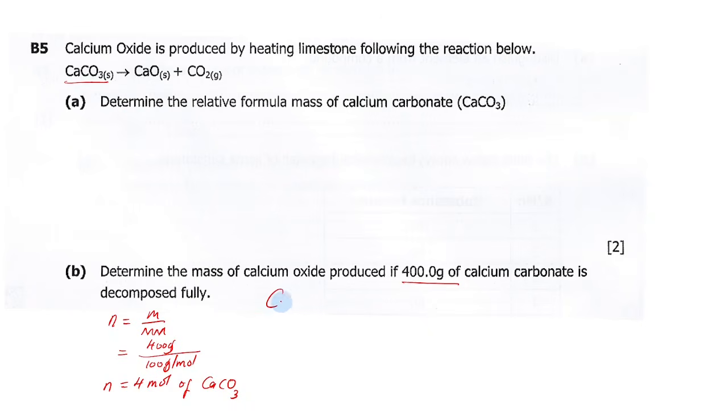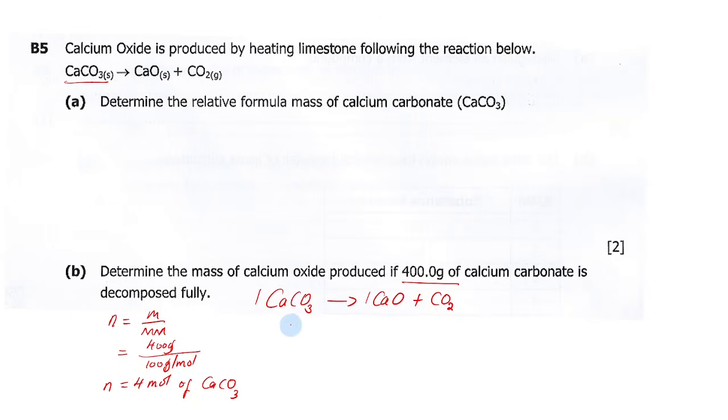You say, I am given calcium carbonate that is being broken into calcium oxide plus carbon dioxide. In this balanced equation, you are using another formula, the mole to mole relationship. I have got 1 mole of calcium carbonate and 1 mole of calcium oxide.